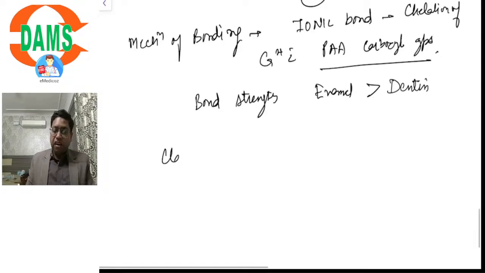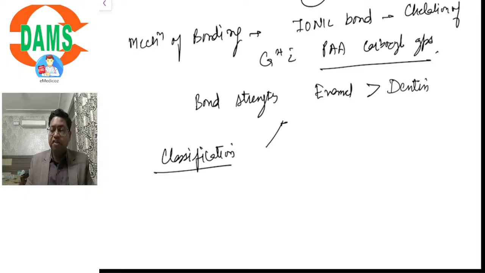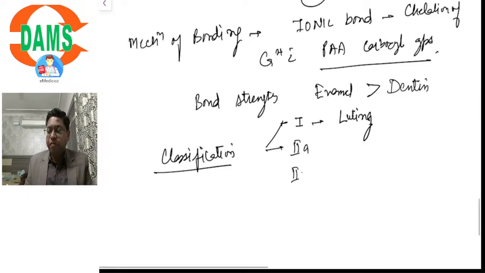If we talk about the classification of these glass ionomer cements, then three principal types are available. Type 1 is used for luting purpose. Luting means cementation of prostheses on the tooth structure. Then type 2A and type 2B.